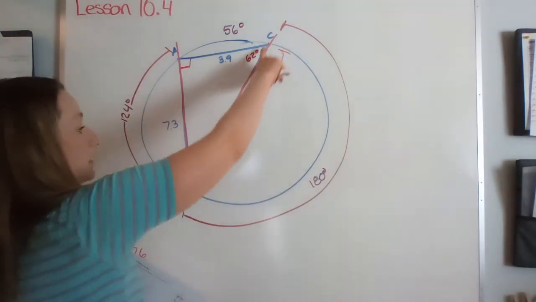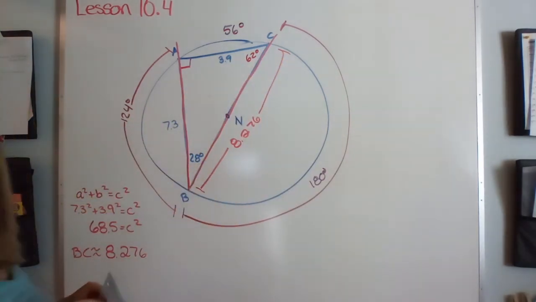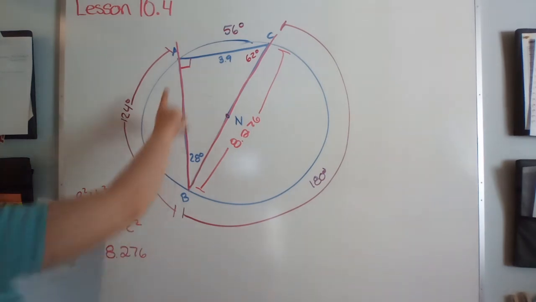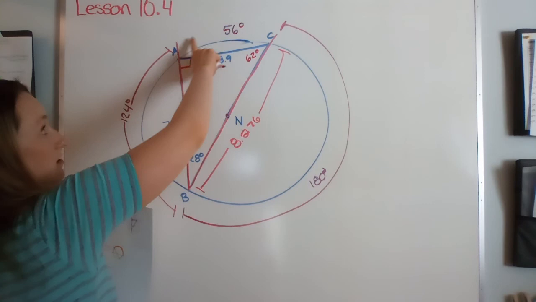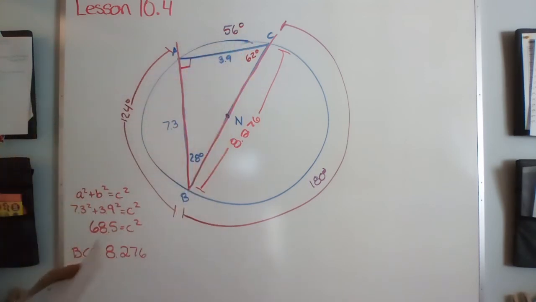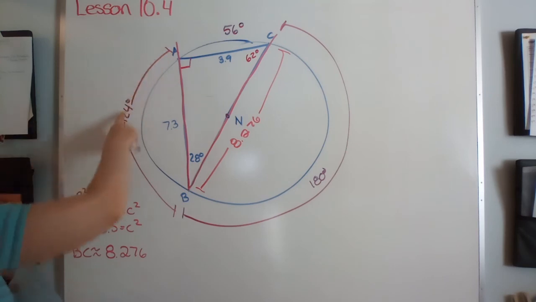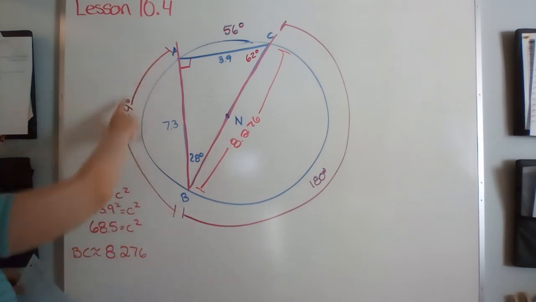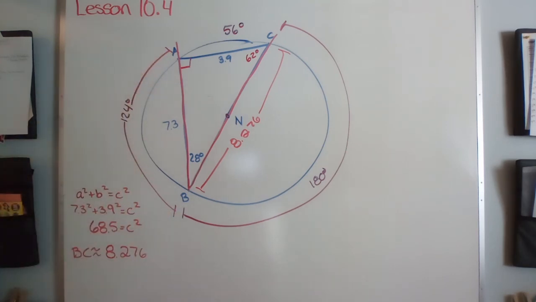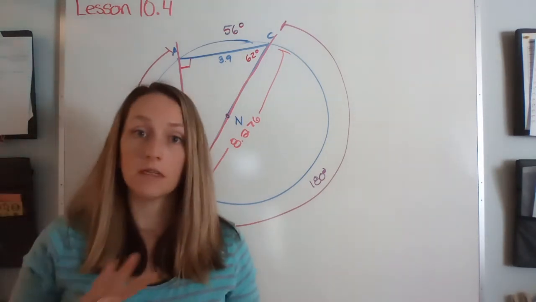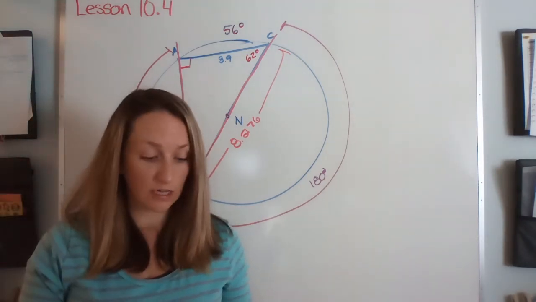Well, the length of BC is approximately 8.276. What's the measure of arc AC is the next question, 56. And finally, what's the measure of arc AB, minor arc, 124. So again, marking up the diagram is going to help you answer all the questions more easily.